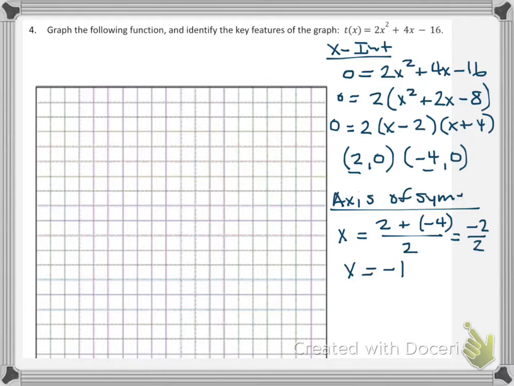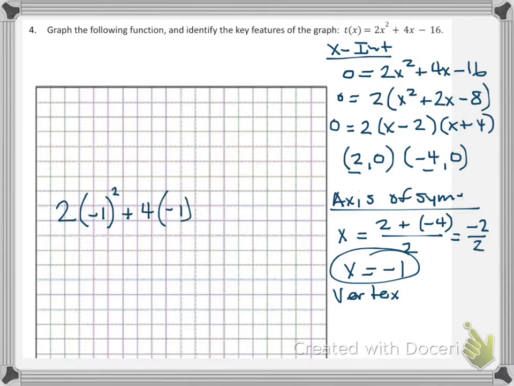And then finally, I would like to know the vertex. And in order to find the vertex, we just say, well, what if x is negative 1? So we go back up to our original equation and we rewrite. I'll put it over here because we won't have to graph it. 2 times a negative 1 plus 4 times a negative 1. Oops, that negative 1 is squared, the first one. And then minus 16.